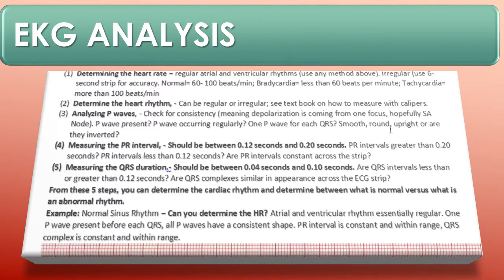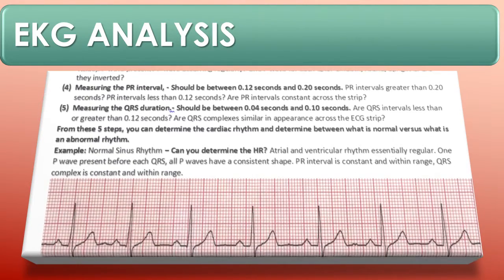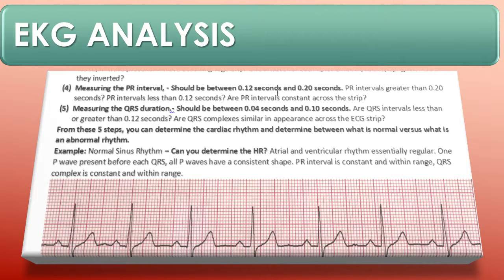Okay, the next thing you want to do is look at the PR interval. You should check that it's between 0.12 and 0.20 seconds, like we talked about, and you want to note any variations in that. The PR interval should be constant across the strip. The last thing is you want to measure the QRS duration.